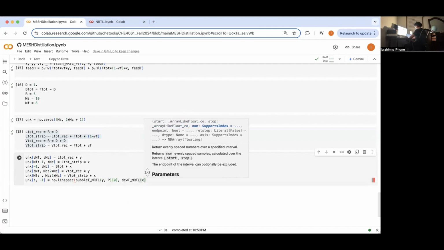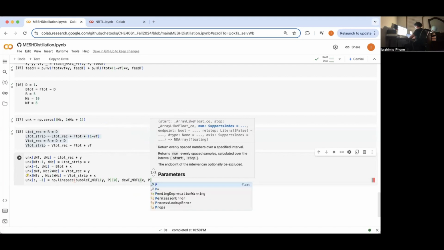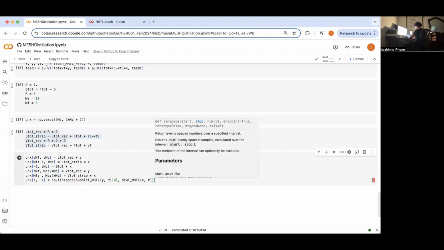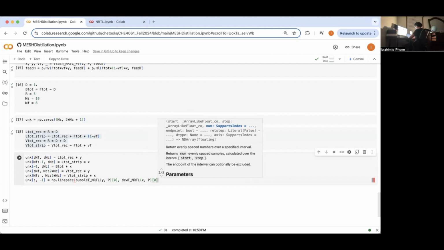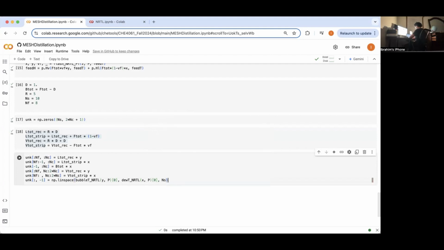For this one, we're looking at our X composition and our total pressure. Then we'll put this here, and our NS, the number of stages, and close it. That should be good. Perfect. Hopefully I didn't make a mistake, but we'll come back to it if we did.